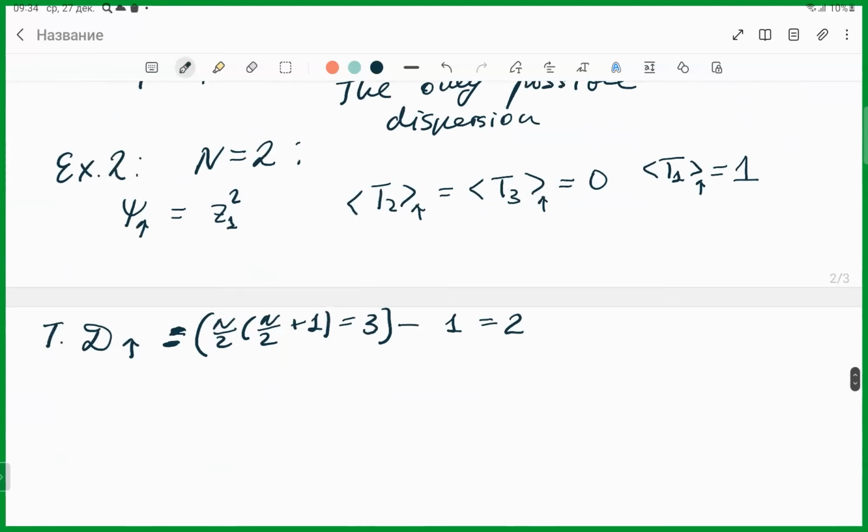Now let me consider the state that I'll call up and down. It would be z1 square minus z0 square.